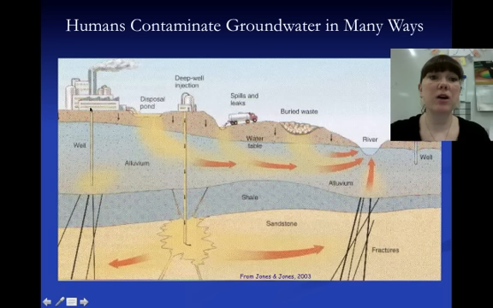We have a disposal pond here where this business is disposing of toxic materials, and we can see that the water flow in this aquifer is heading towards the river. And so all of those disposals are going to head not only towards the river, but they're also going to contaminate some water supplies there. And so we have buried waste and so on. So all of these things tend to cause contamination.